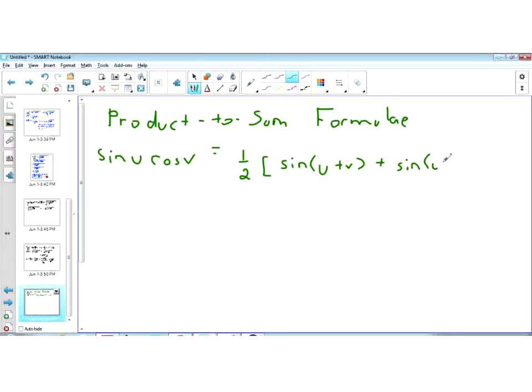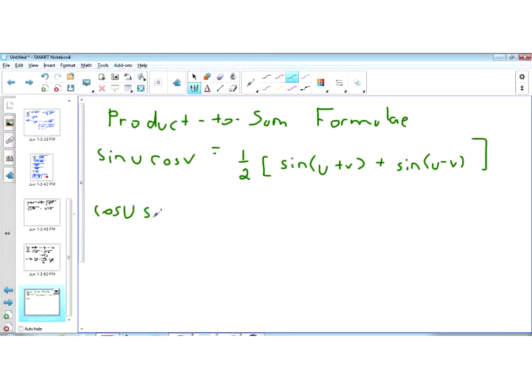And of course, the way you can prove that is just do the expansion. Calculate the sine of u plus v, calculate the sine of u minus v, add them together, multiply by 1/2, and you should get the result. So I think the proof you can handle yourself. Might be a web assigned question.